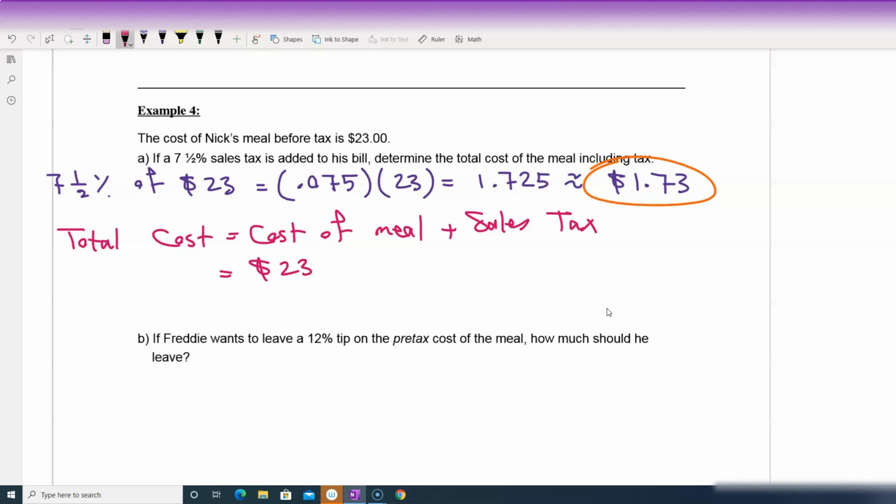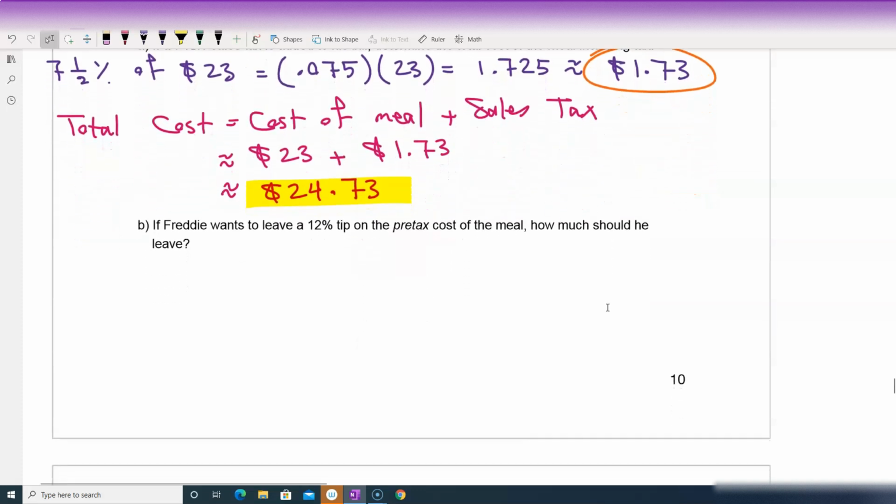This is $23. This one is $1.73. Since I rounded, I want to use the approximately equal symbol for this part. So this is approximately equal to $24.73. This is the final answer, including tax.